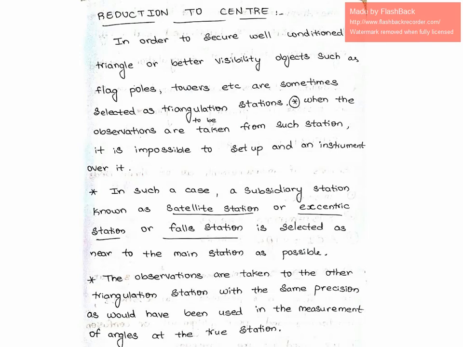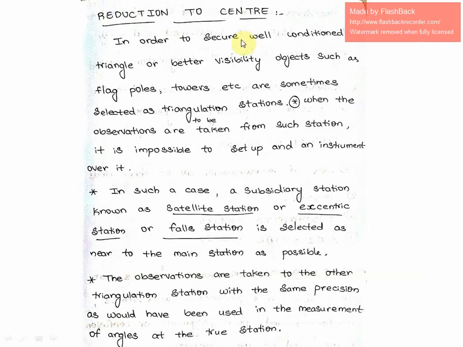It will be difficult. So for that, you'll set up an imaginary station or false station, or you can call it a satellite station, nearby on the same ground level, and you'll take the readings. Later on you will reduce or convert those readings to the original station. That is what is called reduction to center.